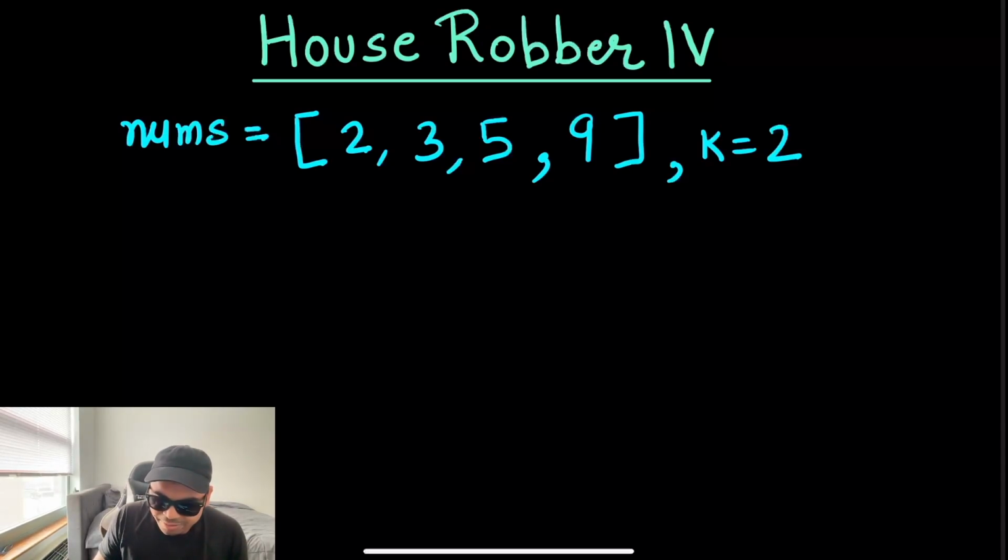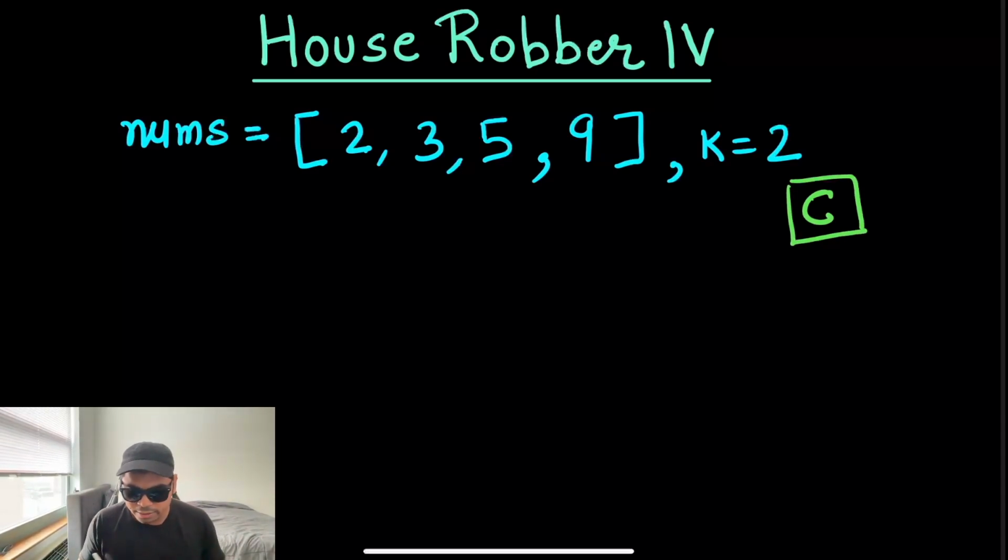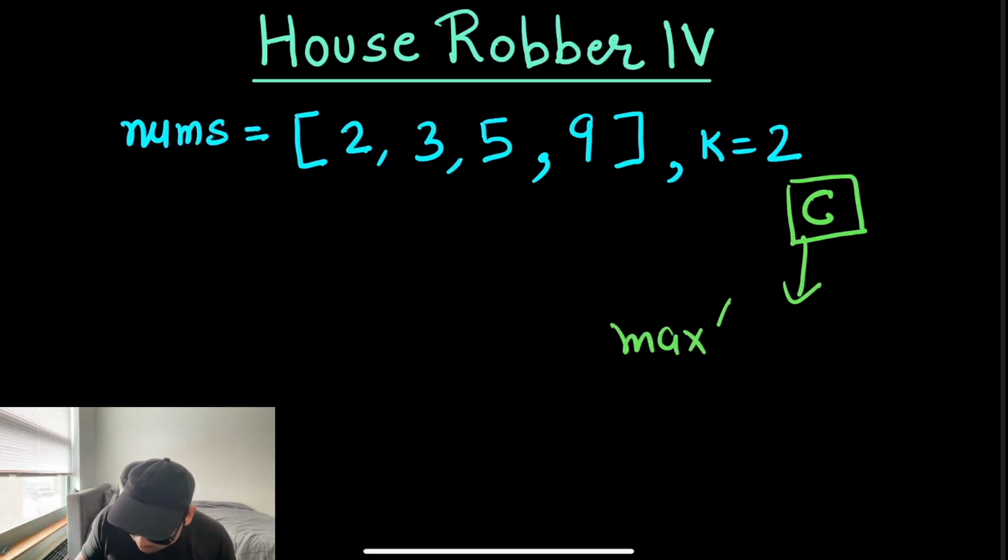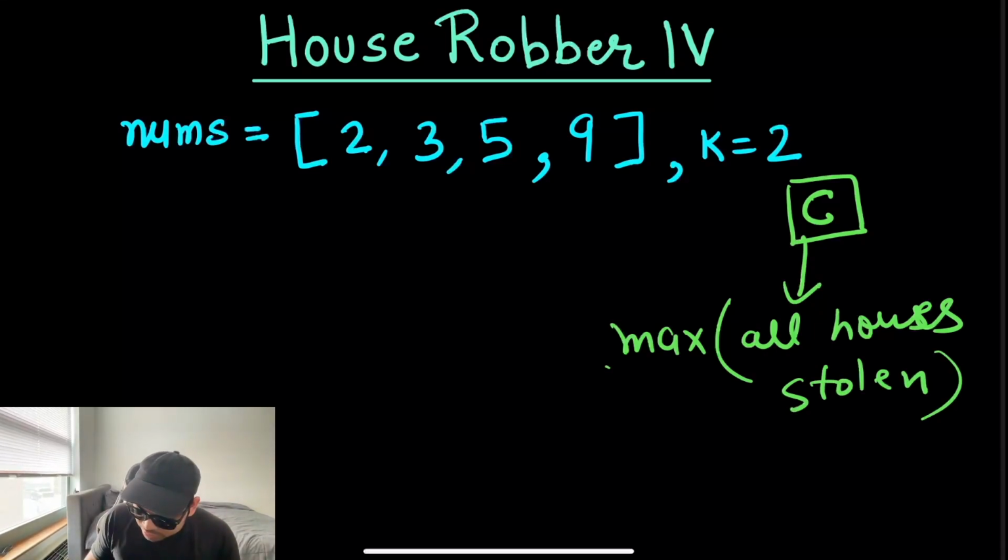Since it's the capability, not capacity, there is this variable c, which is the max of all houses stolen. This c is the maximum of all the houses that we have stolen money from.